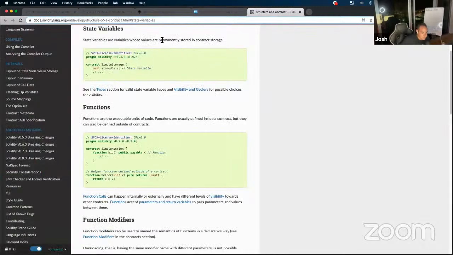So state variables are variables whose values are permanently stored in the contract storage. See the type sections for valid state variables, visibility and getters, which we already know. We talked about public, private. There is internal and external. The words might be two other pseudonyms for internal and external, but okay.